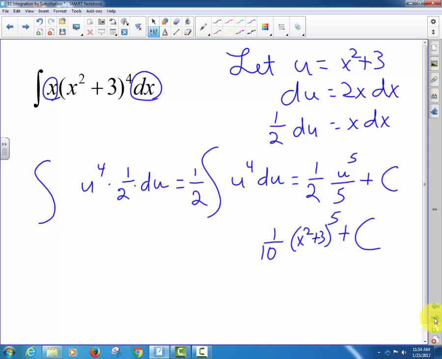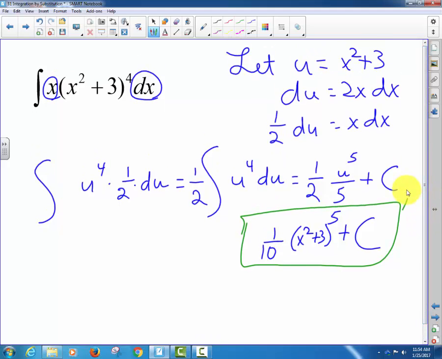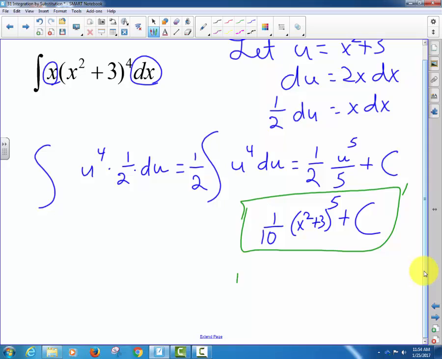And if we want to check to see if we've got the right answer, we take the derivative of that. We need to practice taking derivatives from time to time. The derivative of that thing is, I've got the 1/10.